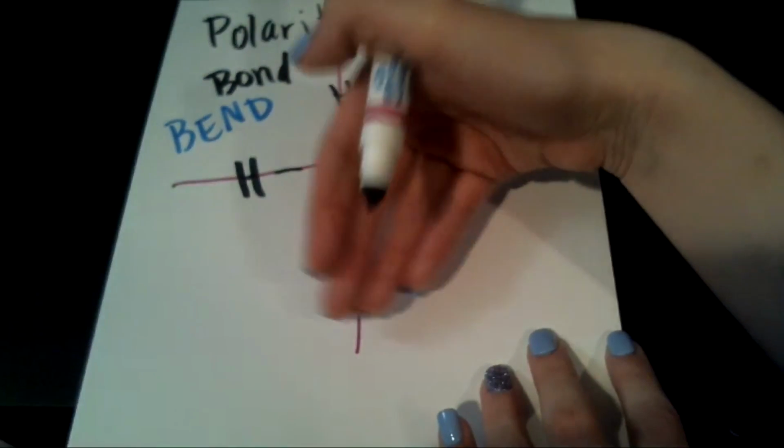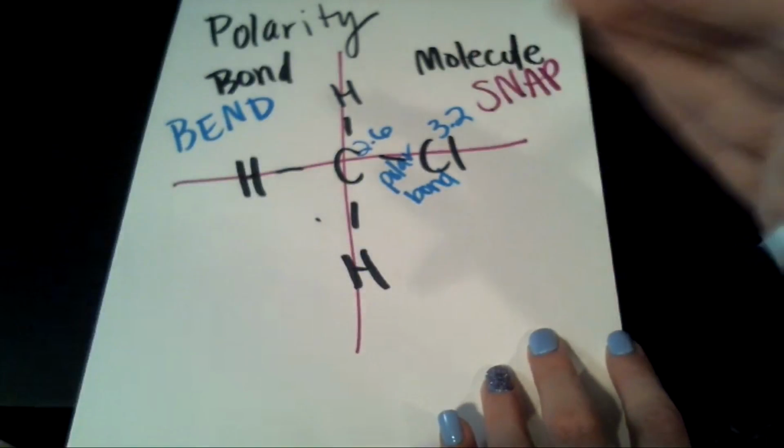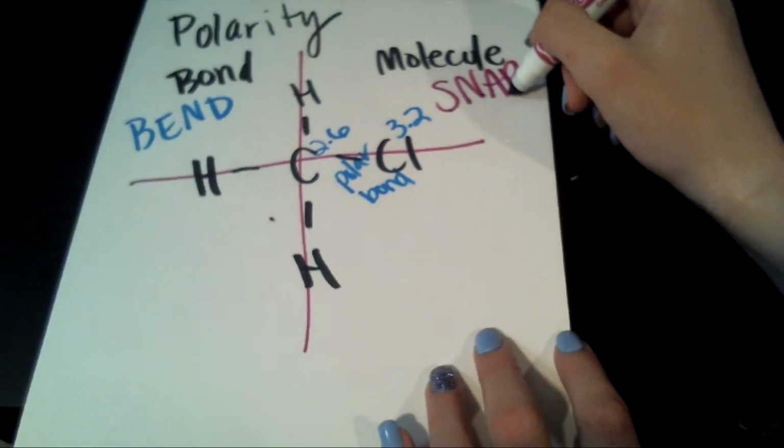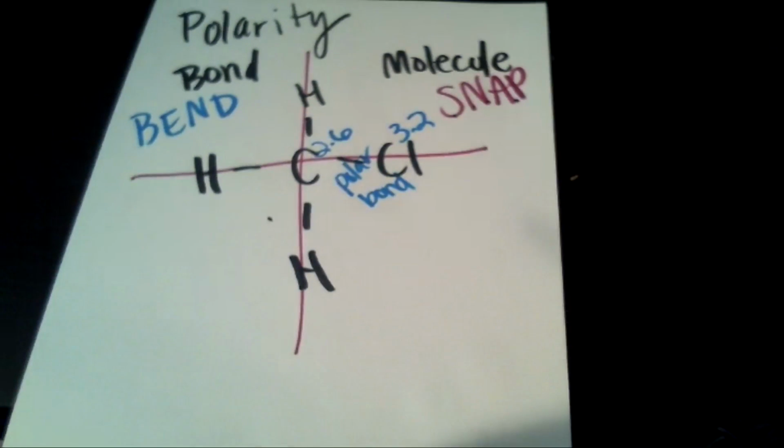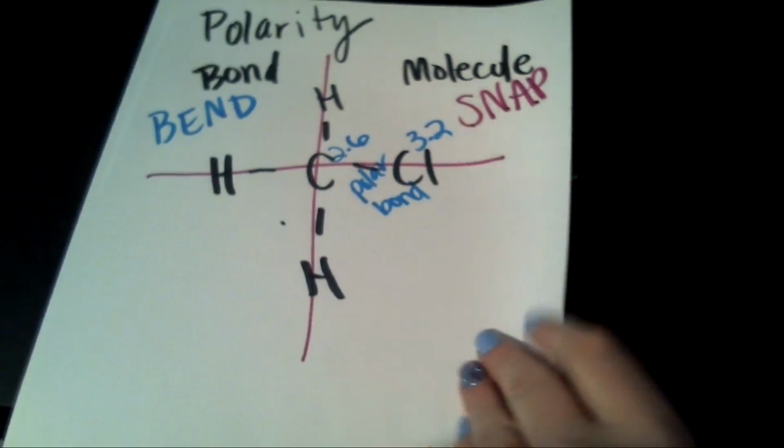If you have something different, the top is different from the bottom, or the left is different from the right, or both is true, then your molecule is asymmetrical and therefore it's polar. Super simple.